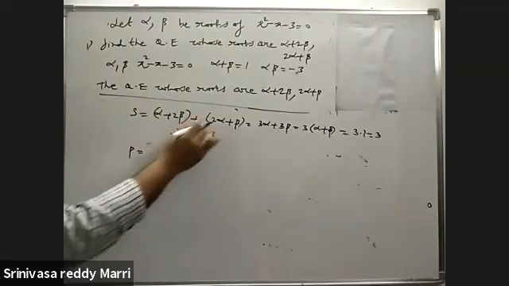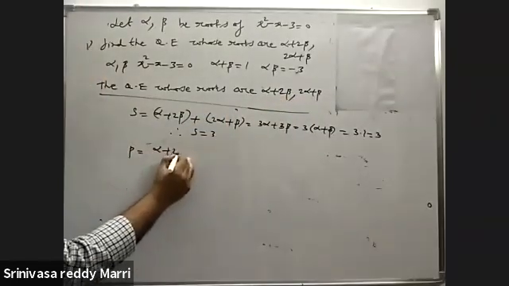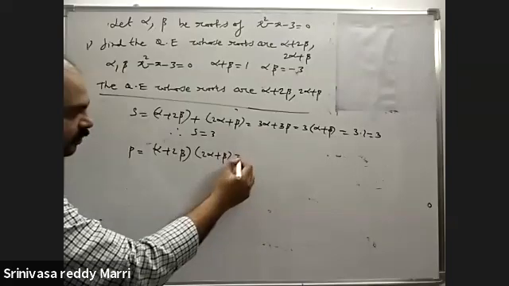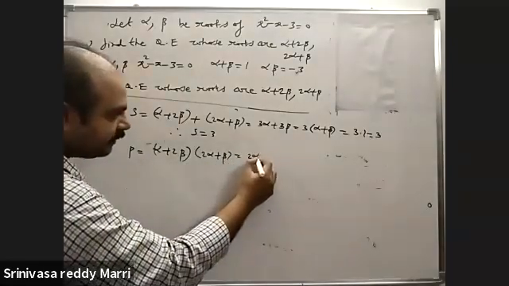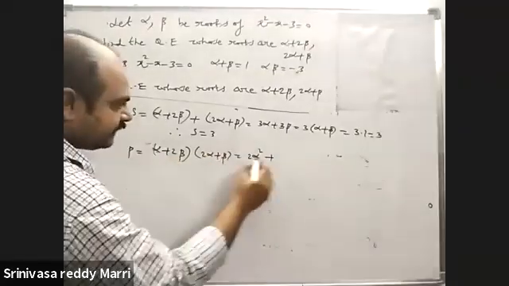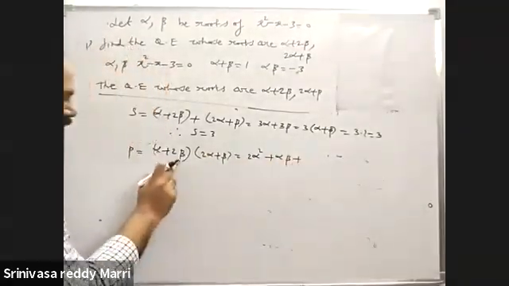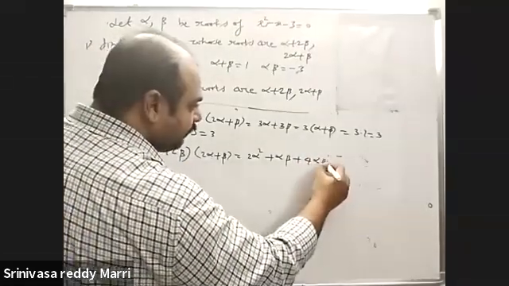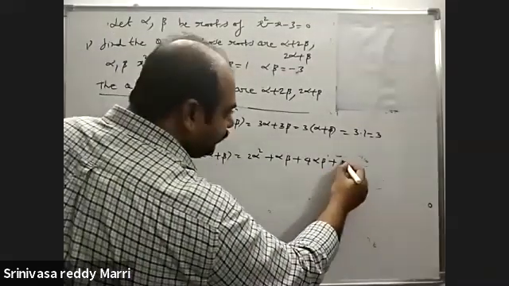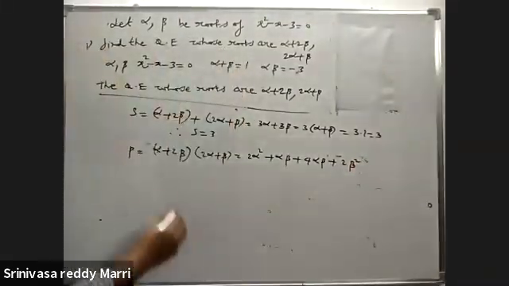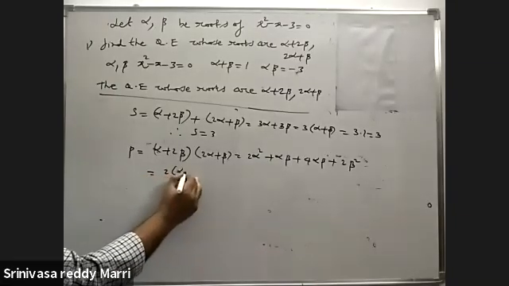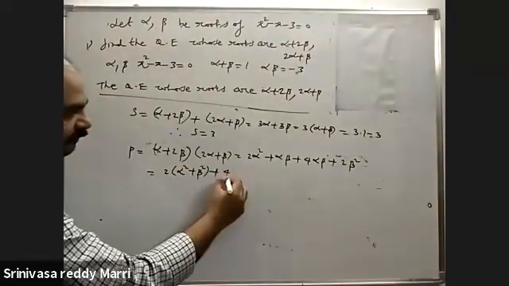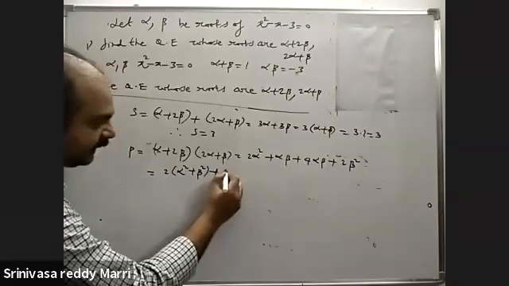So product means the product of these two. Now multiply: alpha into 2 alpha gives 2 alpha square, plus alpha beta, plus 2 beta into 2 alpha, 4 alpha beta, plus 2 beta into beta, 2 beta square. This value you have to calculate. That means 2 into alpha square plus beta square plus 5 alpha beta.